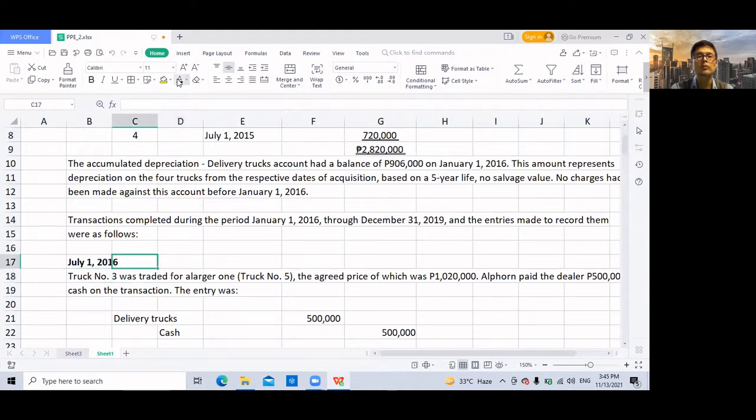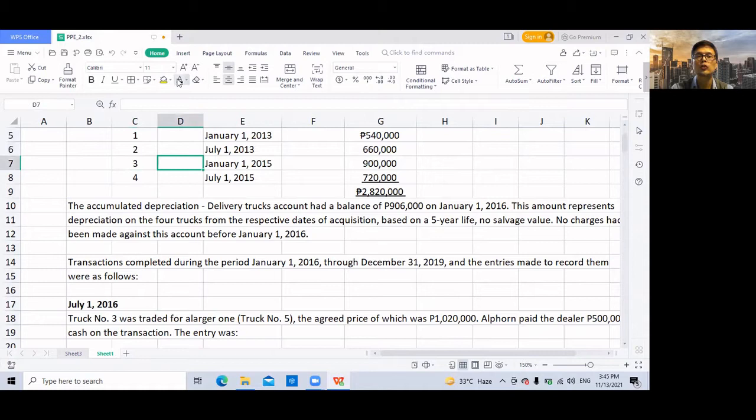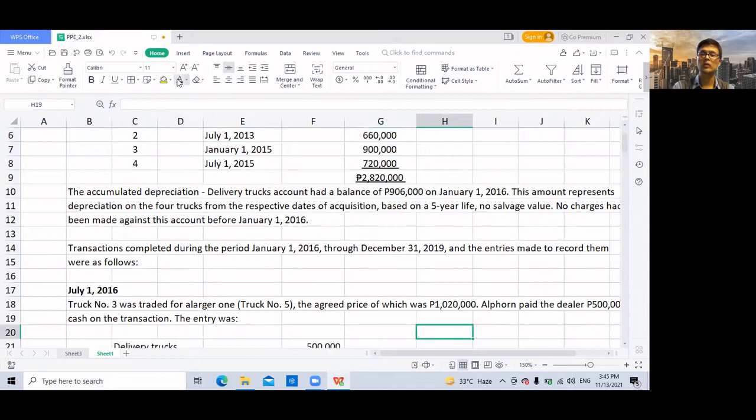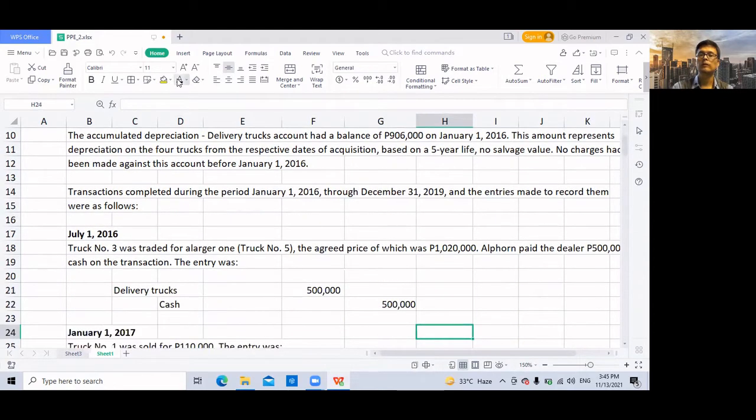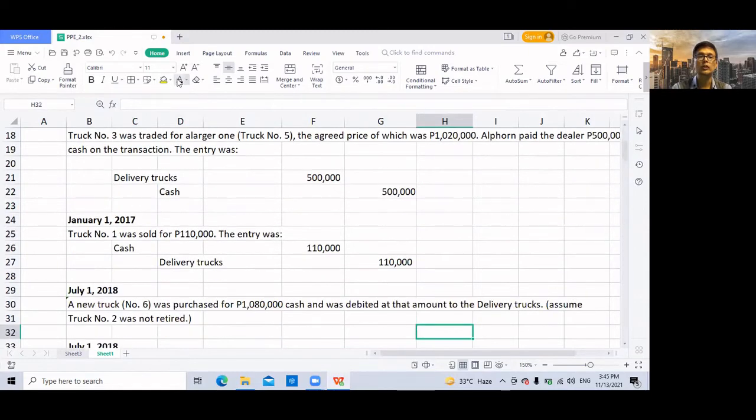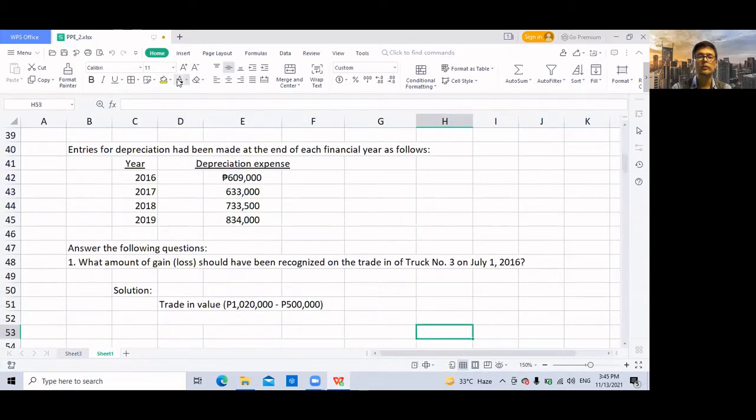Truck number 3's acquisition cost is 900,000. Truck number 5 was 1,020,000. But the company paid 500,000 in that transaction. So the trade-in value is 1,020,000, the value of the new truck, less the 500,000 cash paid. So this would be 520,000.